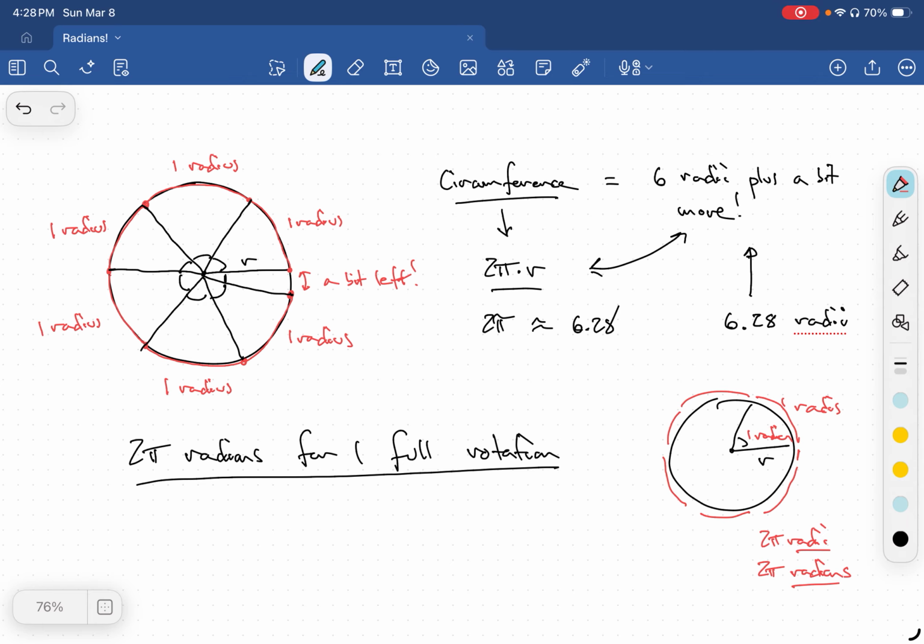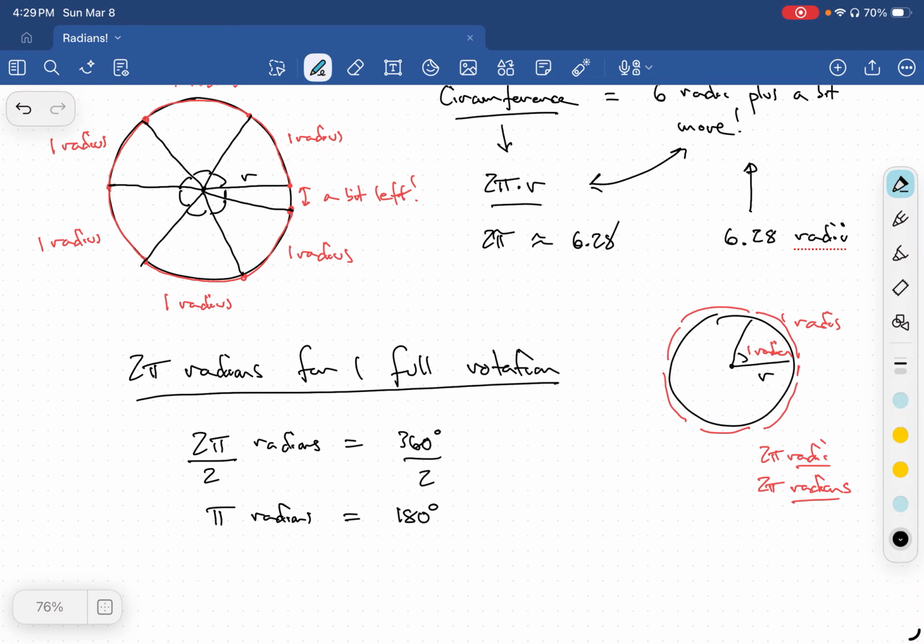So what that tells us is that 2 pi radians is equal to 360 degrees, because we know that 360 degrees is all the way around the circle. Now, if I divide both sides of this equation by 2, I can also say that pi radians is equal to 180 degrees.